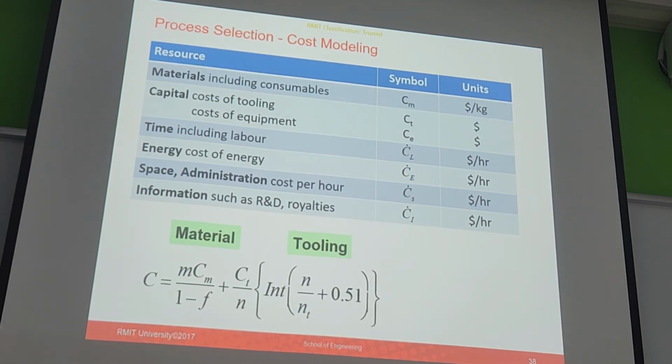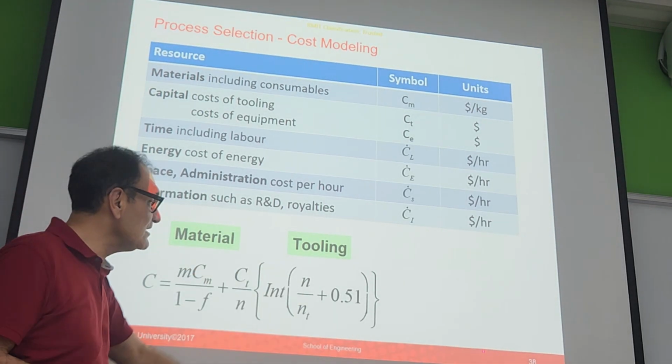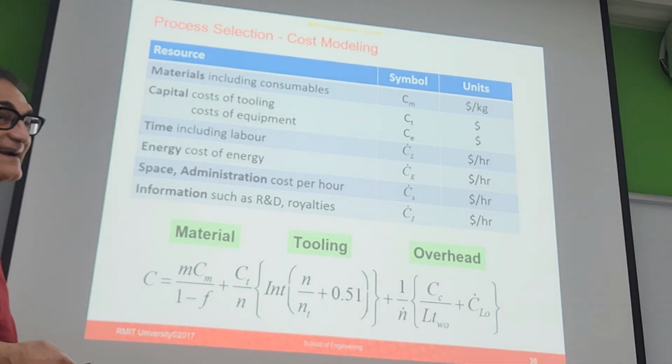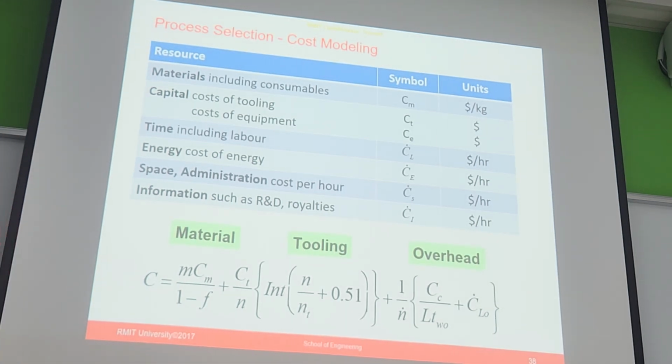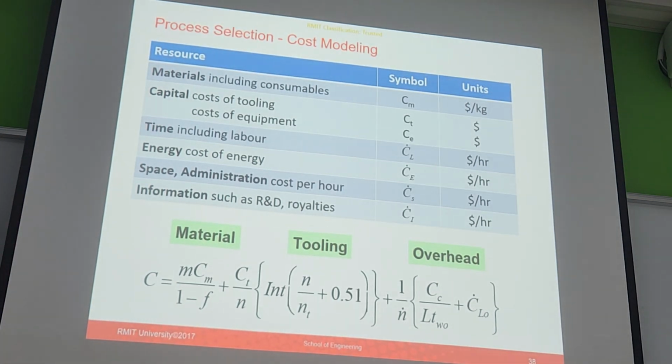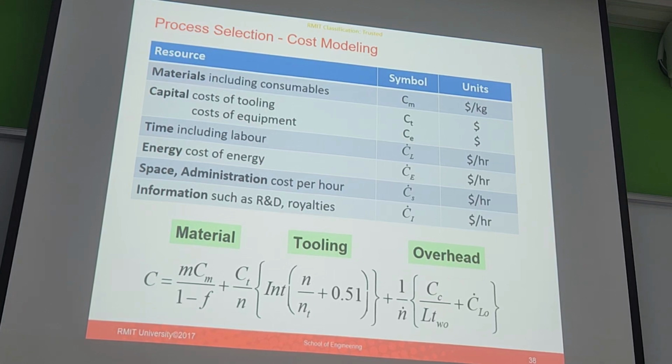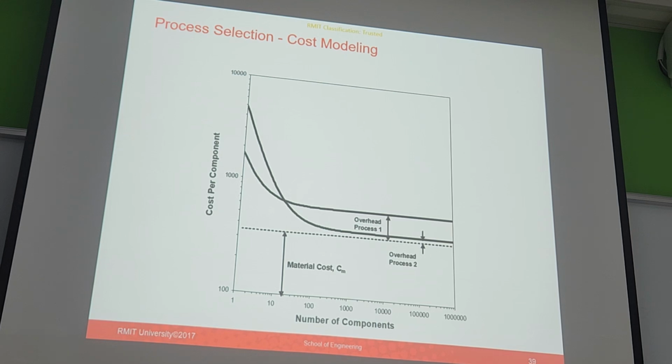Add them together for material, tooling, and overhead, and then combine and calculate, and you say, this is my process selection. I use this process, not that one, because you calculated this option.